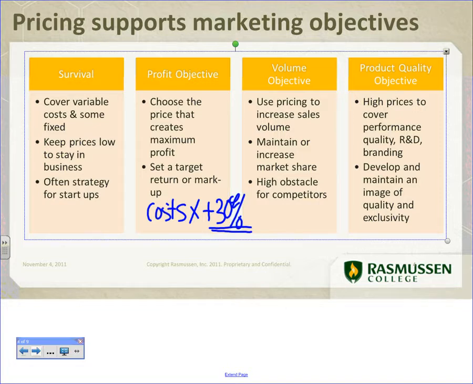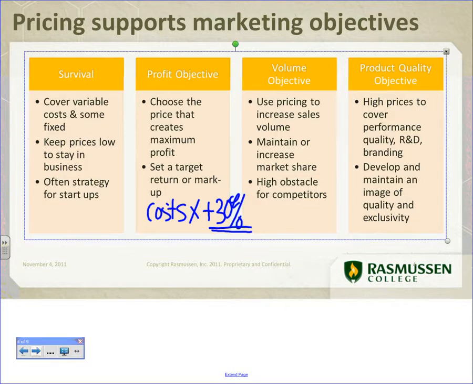Right? Another way to look at pricing is pricing for volume. This is when you're using pricing to increase sales volume. So you're not as worried about every little thing you sell because you make more money with volume. This is really true of Walmart. Walmart knows that it takes a lower margin. Its prices are less.